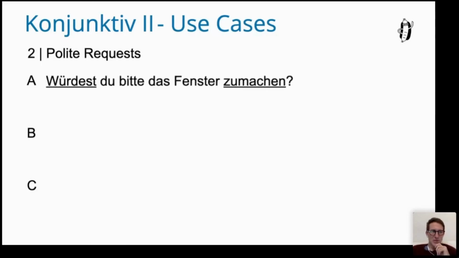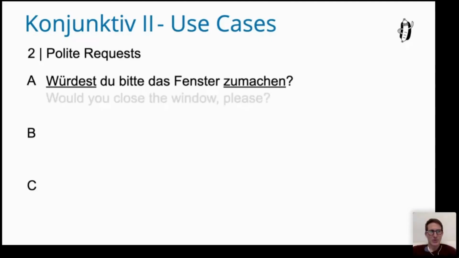Würdest du bitte das Fenster zumachen? I'll give you a couple of seconds to digest that. Would you please the window, Fenster, French people know fenêtre, which is the same word, zumachen. Zu means close in this context. Machen, make, close.